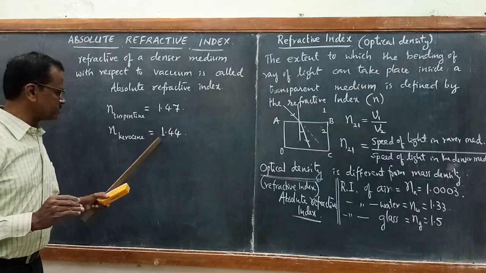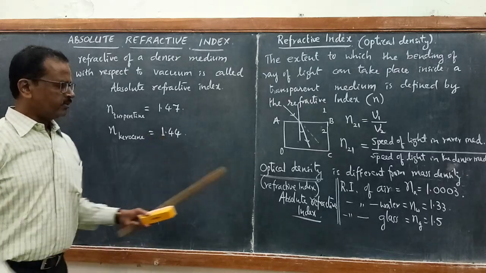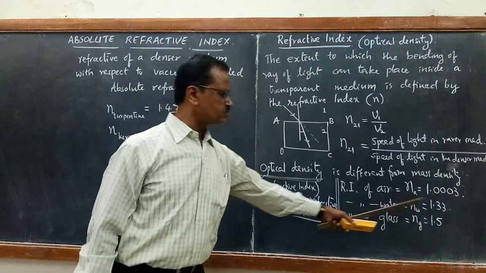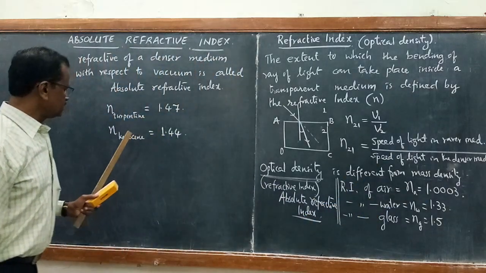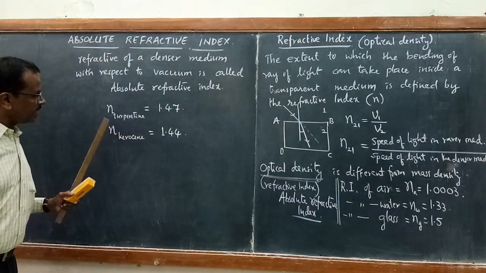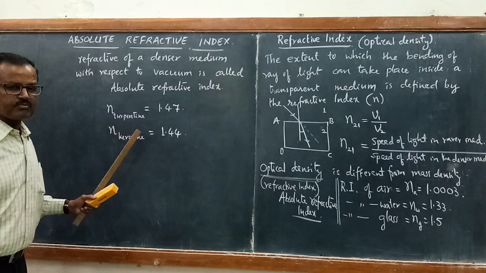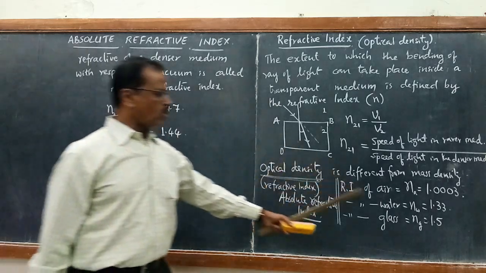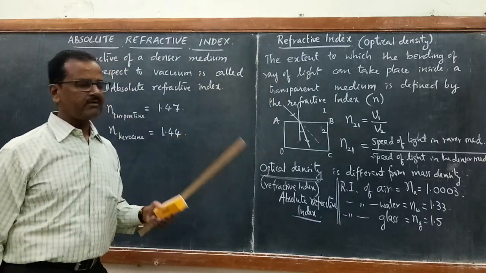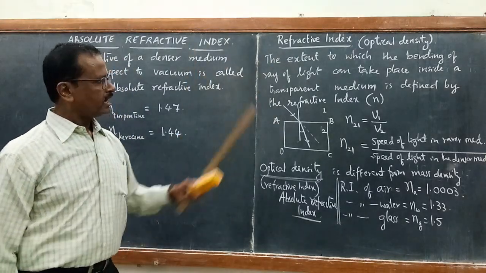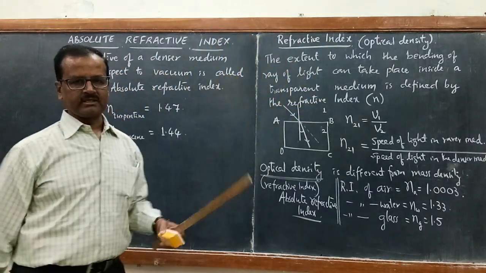Optical density of kerosene is 1.44, whereas optical density of water is 1.33. It means inside the kerosene, the light bends more than in water. So this is the meaning of refractive index and optical density.